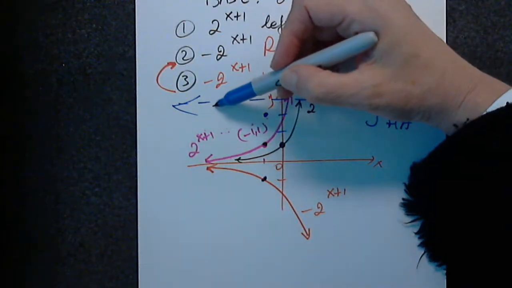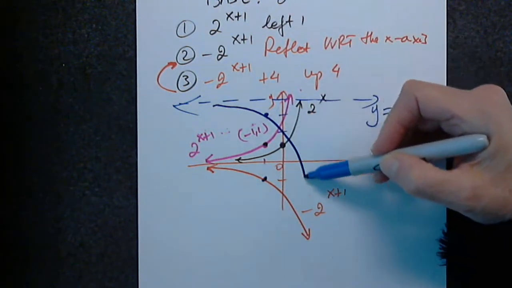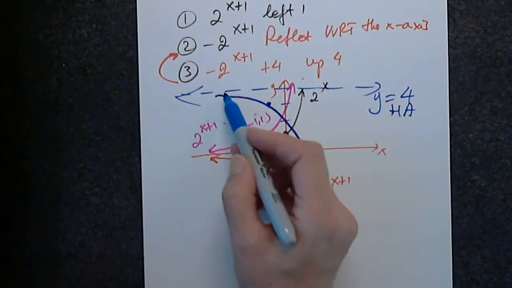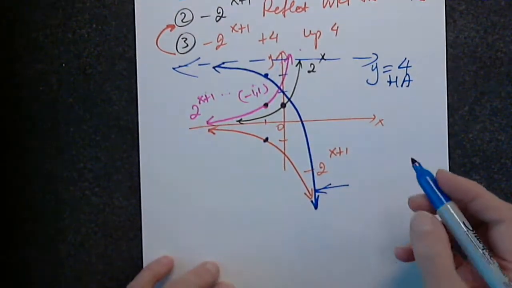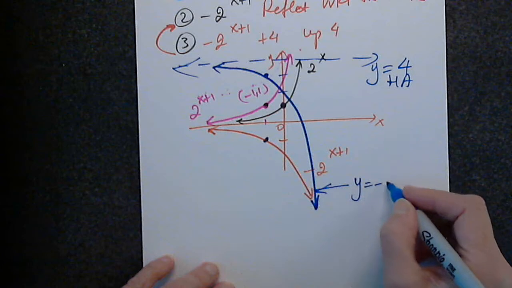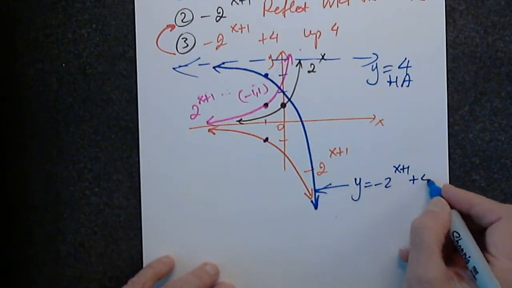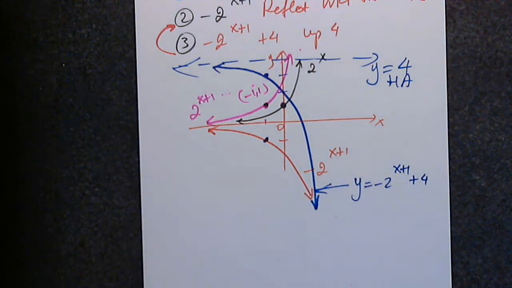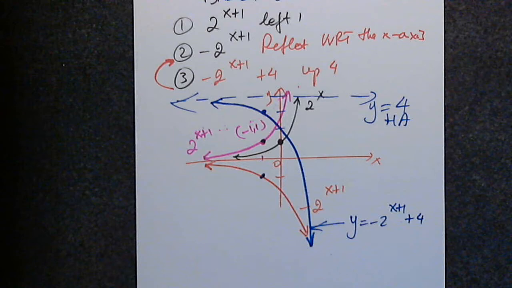So now I'm going to graph the final function. So this is final. And it's y equals -2 to x plus 1 plus 4. Can anyone give us the range of this function? Do you remember when I was doing this with x squared, and we were able to determine the range without even graphing it?